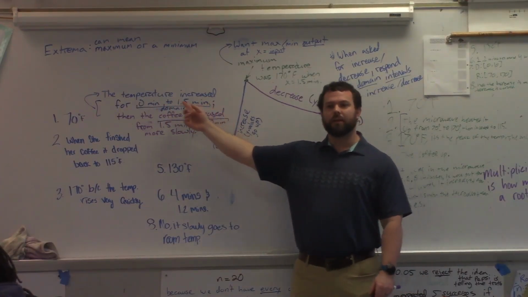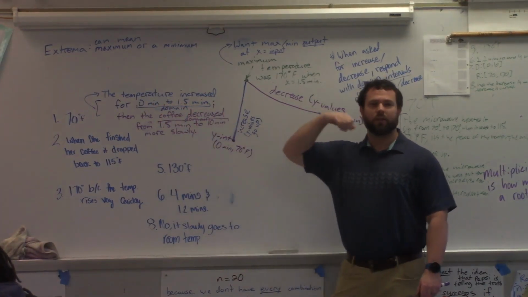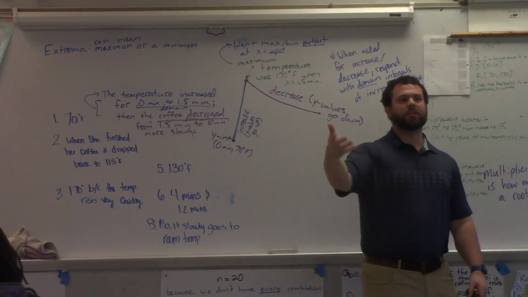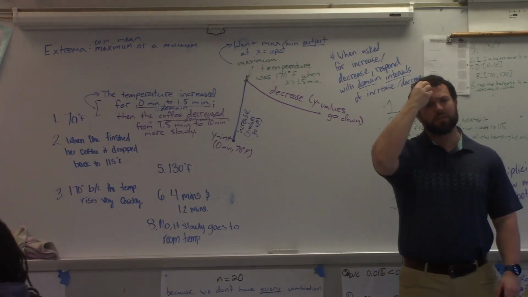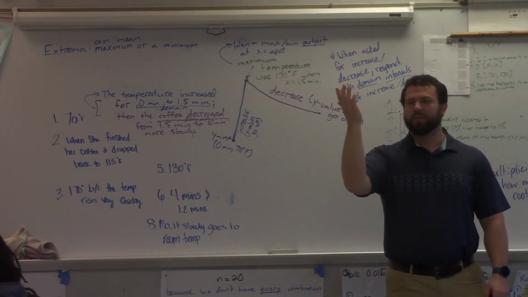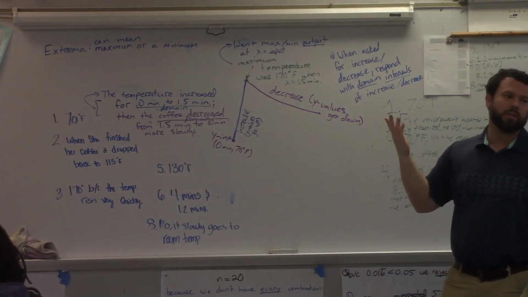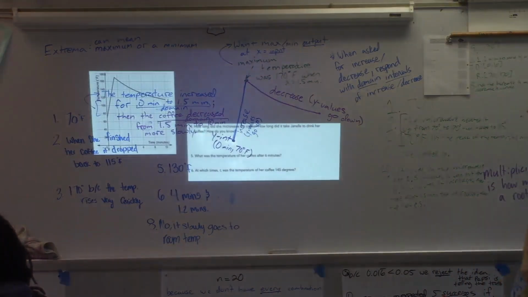That's that domain interval of increase. How long did it take her to drink the coffee? 8.5 minutes. Notice it didn't just magically stop at, what was it, 115 or so? It disappeared because she finished drinking the coffee, right? Okay.